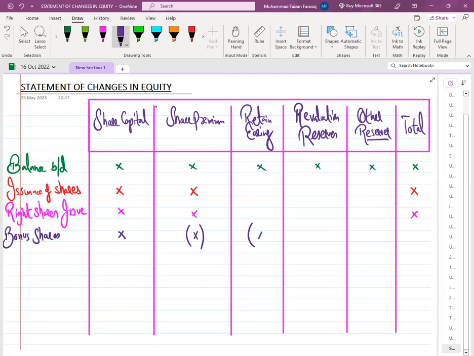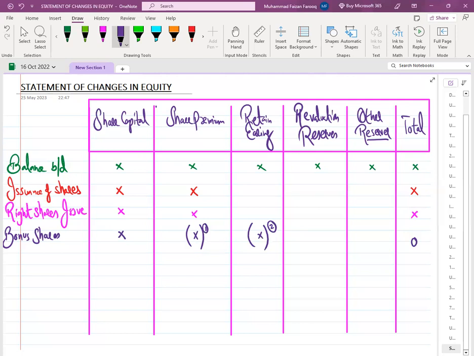The first preference of debit is share premium, and the second preference is the retained earnings. So the entry is share capital credit, share premium debit, retained earnings debit. One part of equity goes on the credit side, and the other two parts of equity go on the debit side.